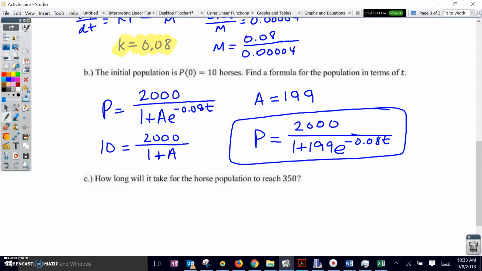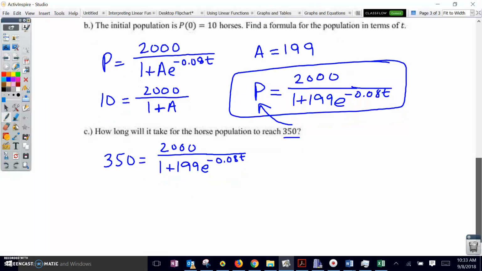And now in part C, we want to know how long it's going to take for the population to reach 350. So all we're going to do is put 350 in here for population. So 350 is equal to 2,000 over 1 plus 199 e to the negative 0.08t. And now we just need to solve this for t.